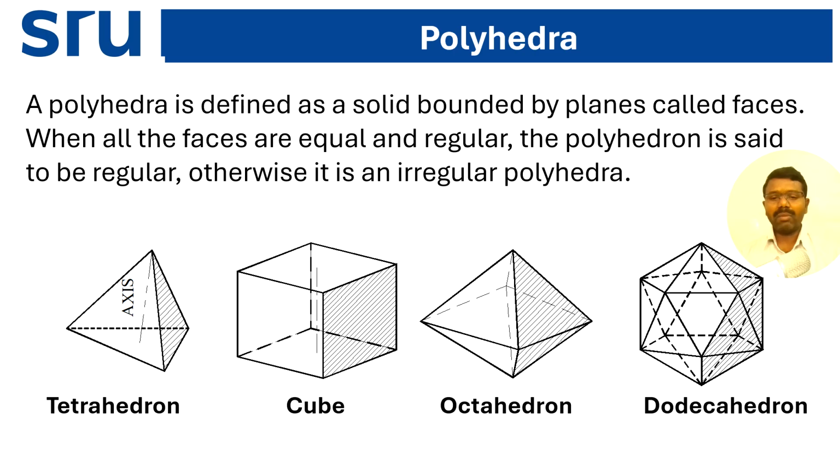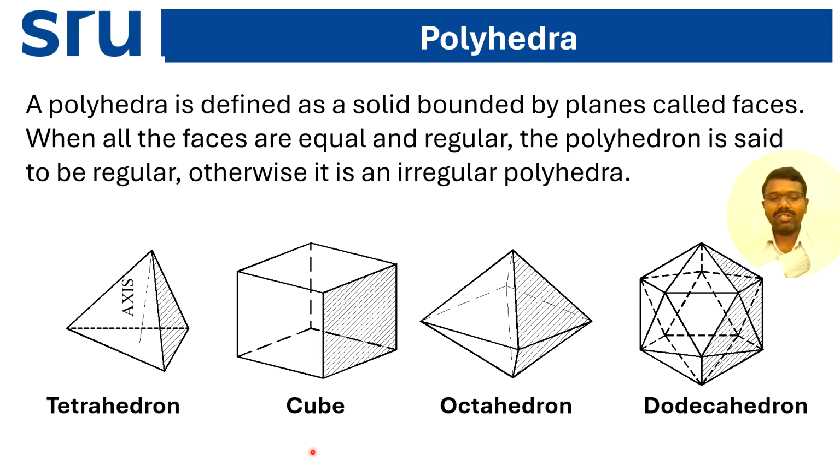Again, polyhedra can be divided into two categories: regular polyhedra and irregular polyhedra. The regular polyhedra are bounded by planes which are equal and regular. For example, what you are seeing here are regular polyhedra. This is the tetrahedron, which is bounded by four equilateral triangles.